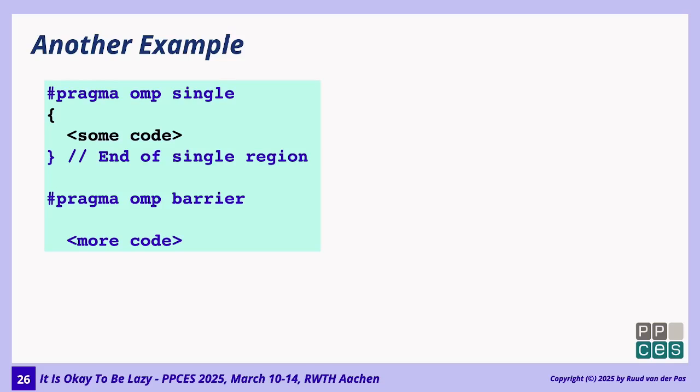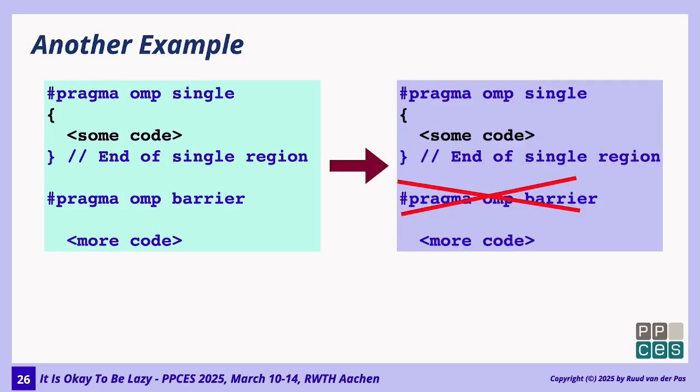Here's another popular one. You have the single region, and then there's a barrier, and that's all fine and good, but it's overkill, because there's already a barrier at the end of the single region.